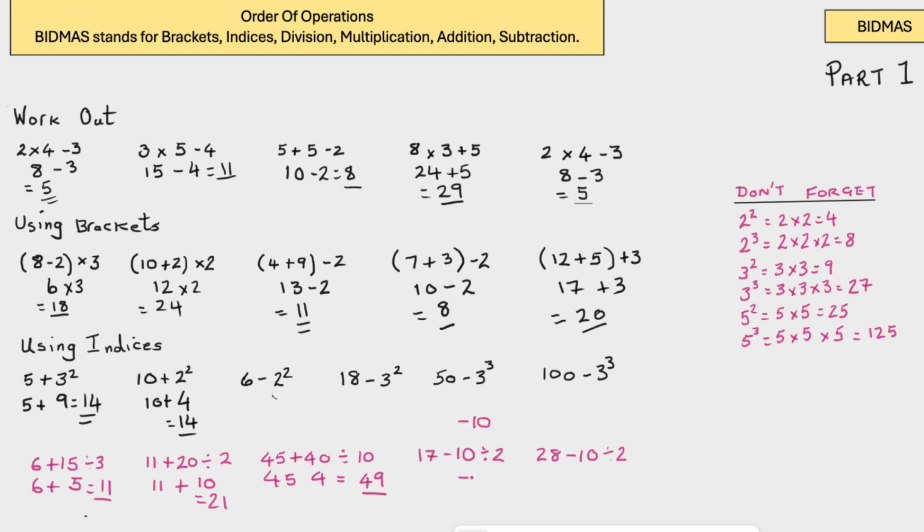So that becomes negative 5. Need the 17 there. 17 minus 5 gives you 12. And finally, the same. Next one is divide. 10 divided by 2, which we know is minus 5. 28 minus 5 equals 23.